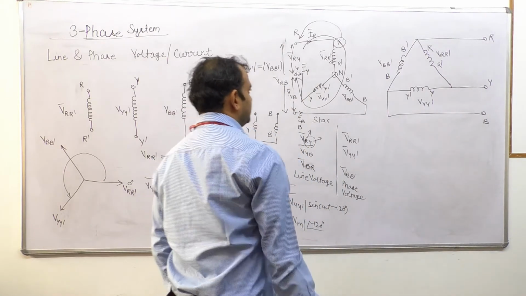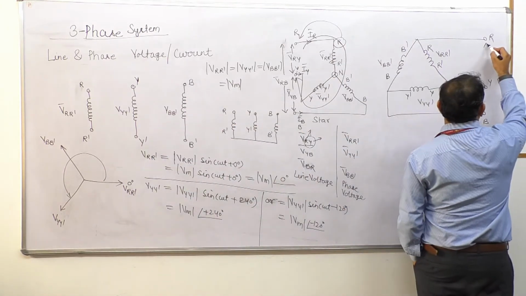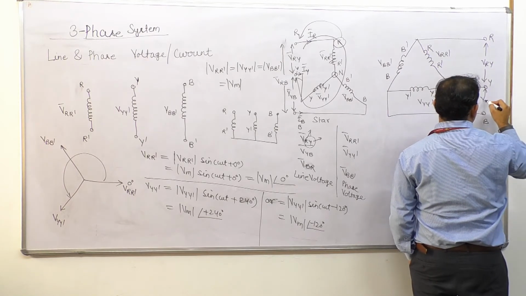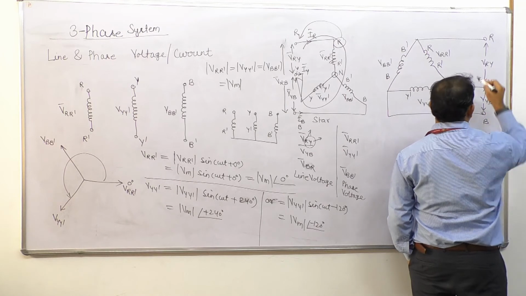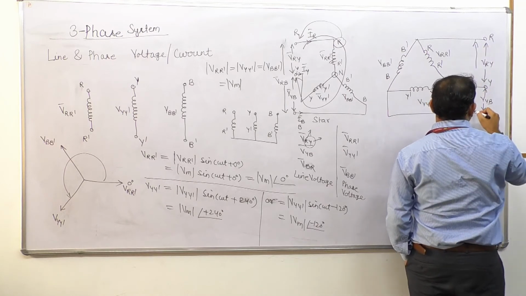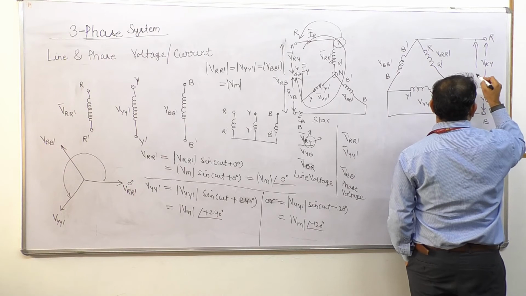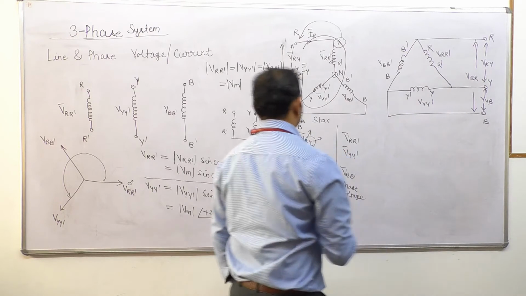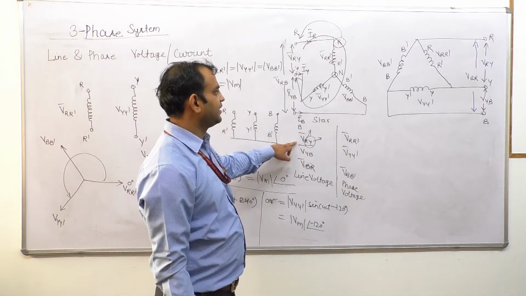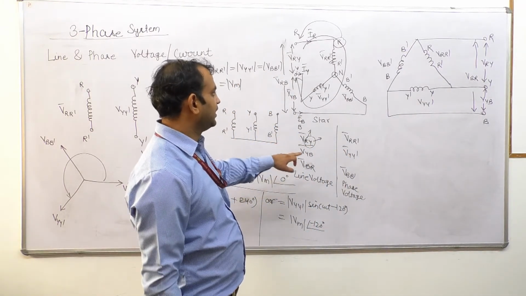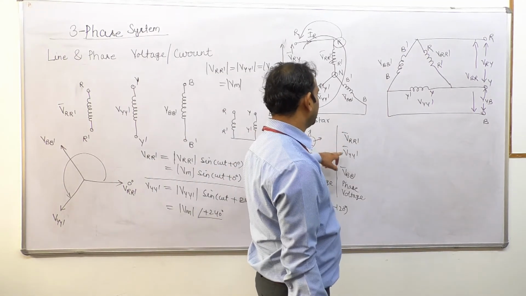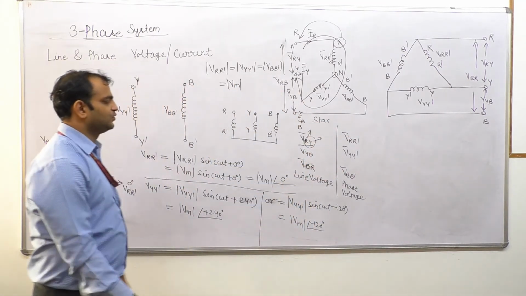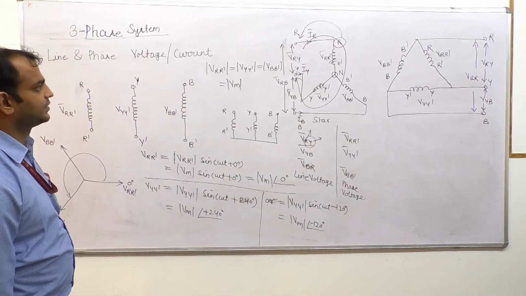Again, three values. Voltage across R and Y, VRY, voltage across Y and B, VYB, and voltage across B and R, VBR. These are called phase voltages and line voltages.